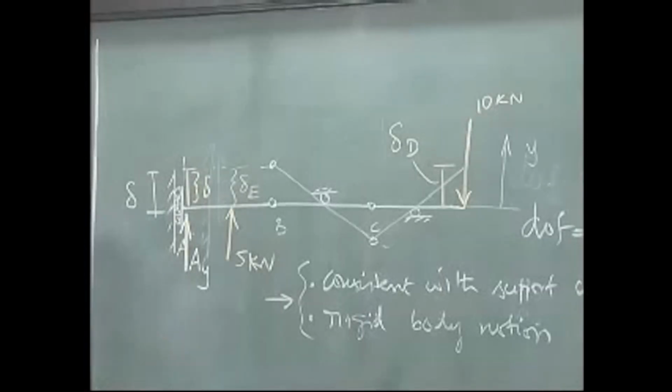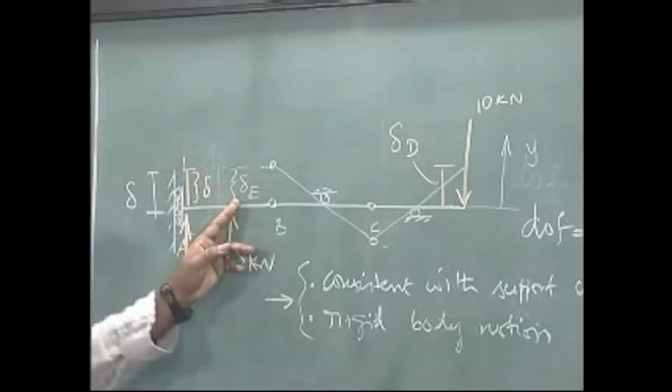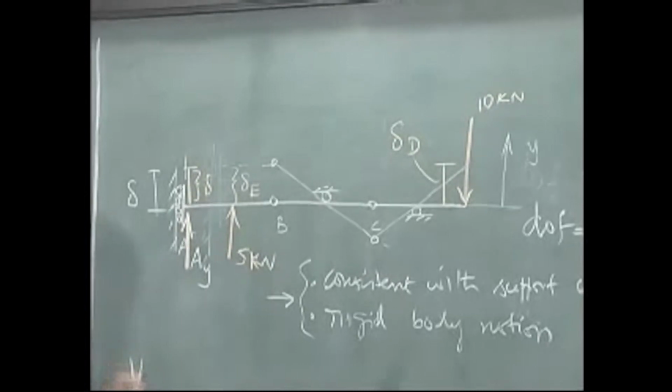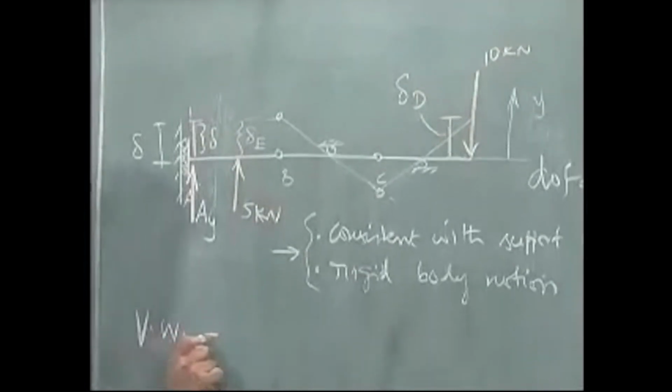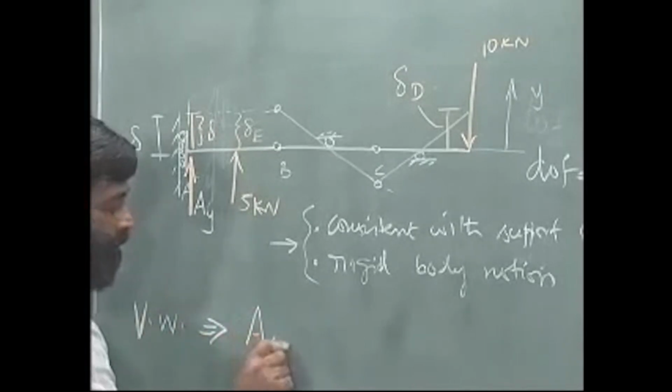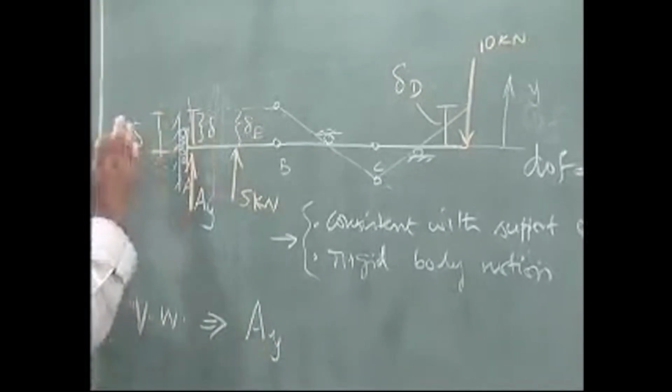Let me first write down the virtual work equation and then get the relationship between these through KAD, kinematically admissible displacements. So, what does the virtual work principle tell you? A y dotted with delta in the same direction.